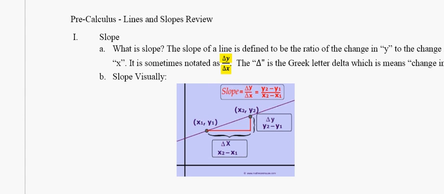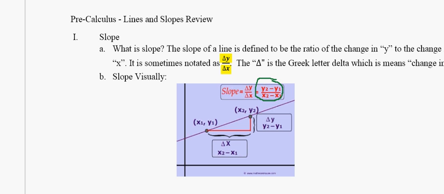So if you look at this formula here, it is a formula you should be fairly familiar with. That is your slope formula, y2 minus y1 over x2 minus x1.